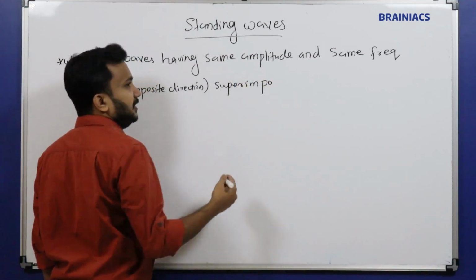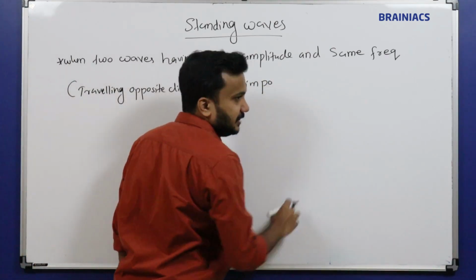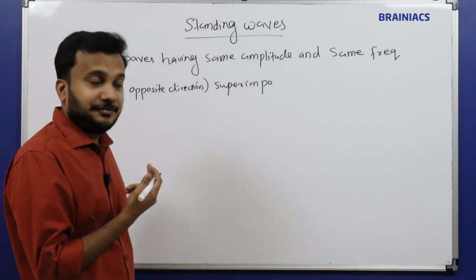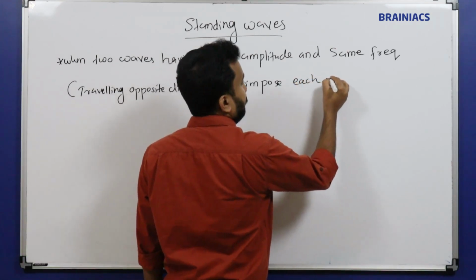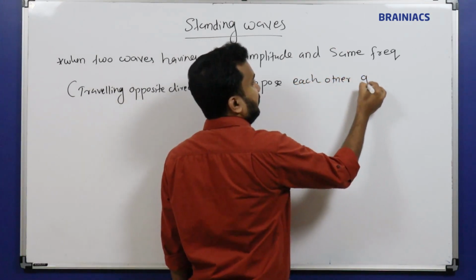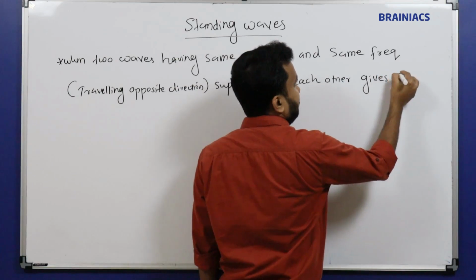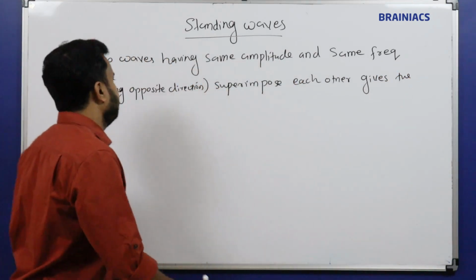Traveling in opposite direction means one is a forward plane progressive wave and the other one is the reflected wave. Superimposing each other, they give standing waves.